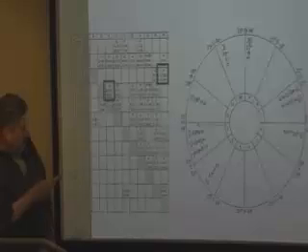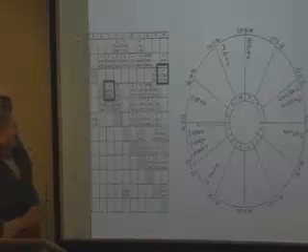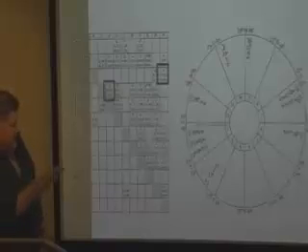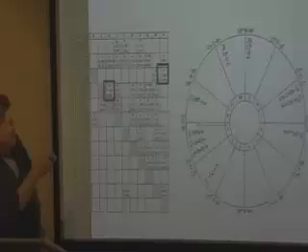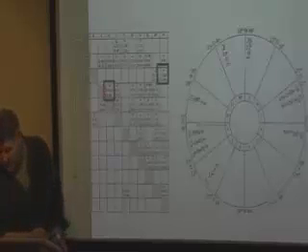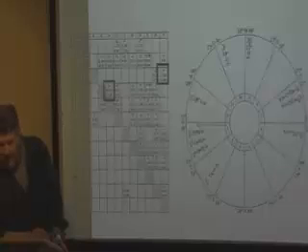But let's look at this. This aspect is a conjunction of Venus and Mars. Look how high that is, 10.03. My guess is they're very close to one another, or in a powerful position.